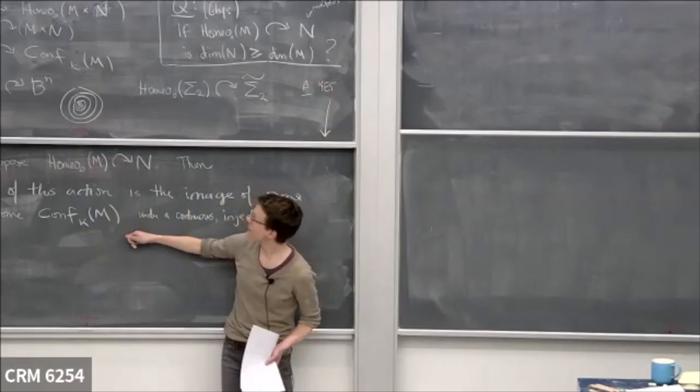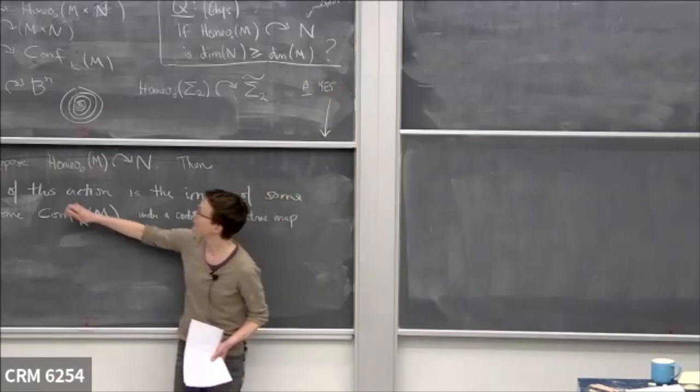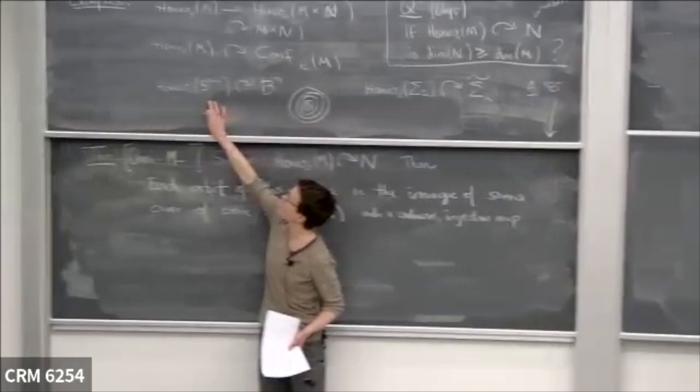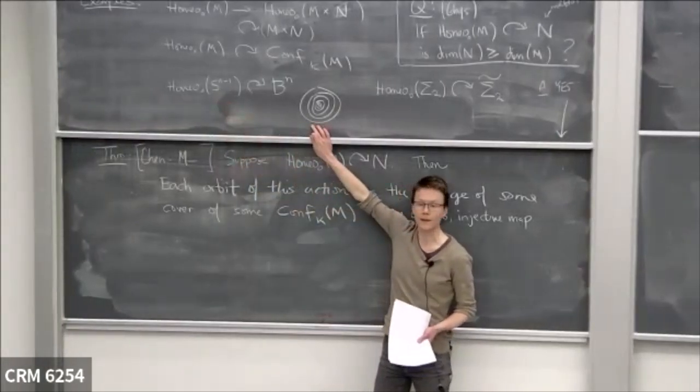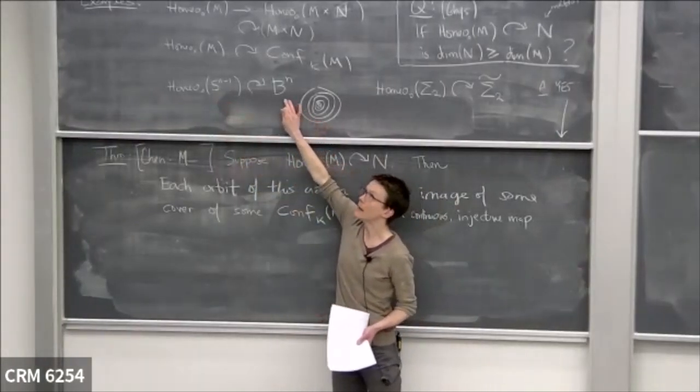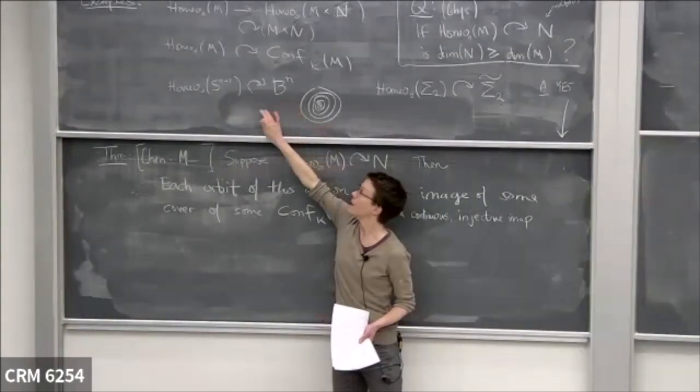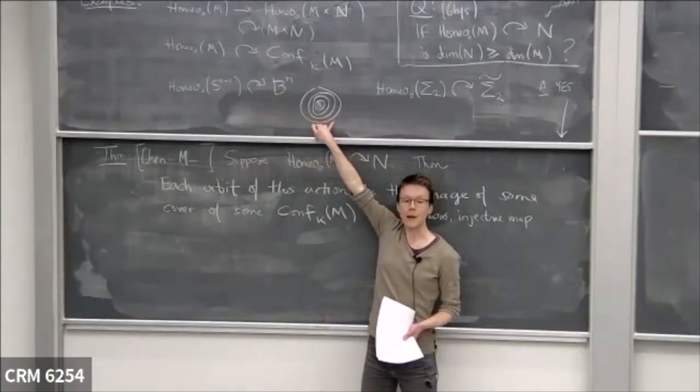Another consequence of this is that we're able to classify all actions of homeomorphisms of spheres on balls. As soon as your ball has dimension at least 3, here's a rigidity theorem, everything is conjugate to this coning off thing I already gave.